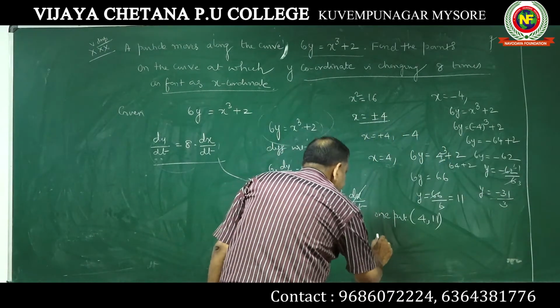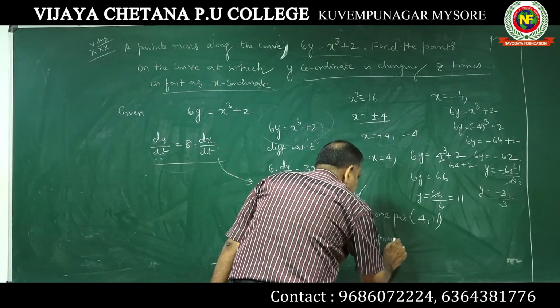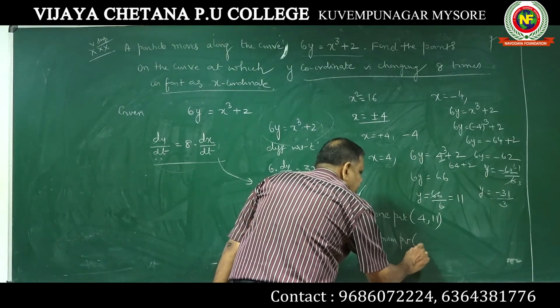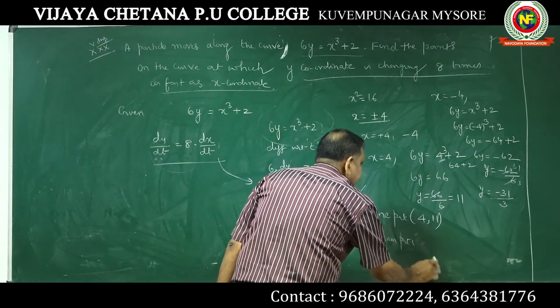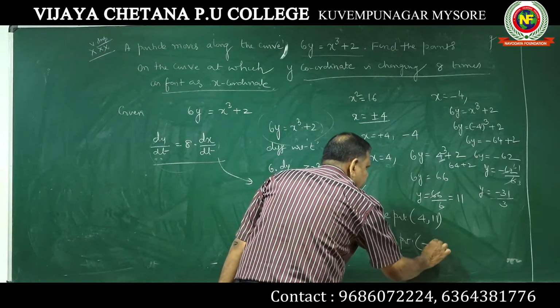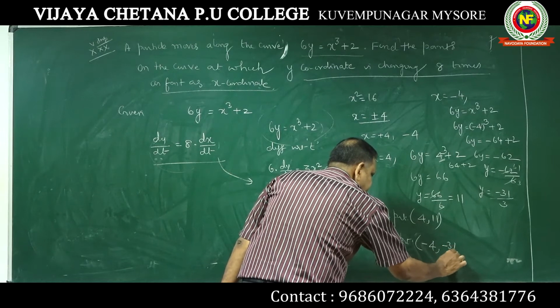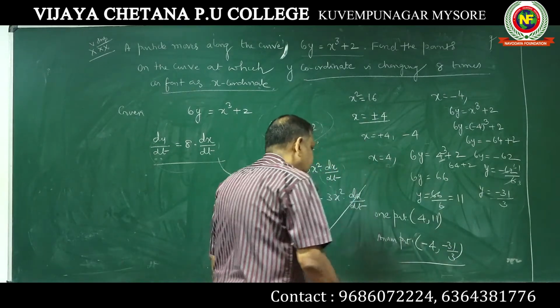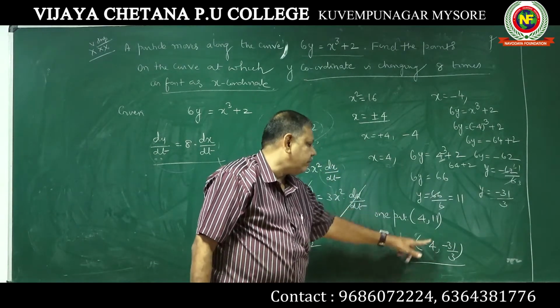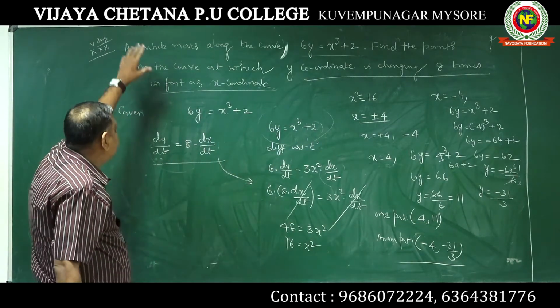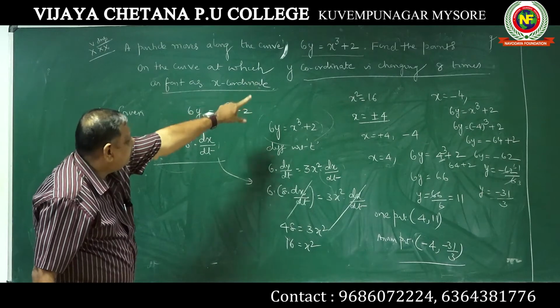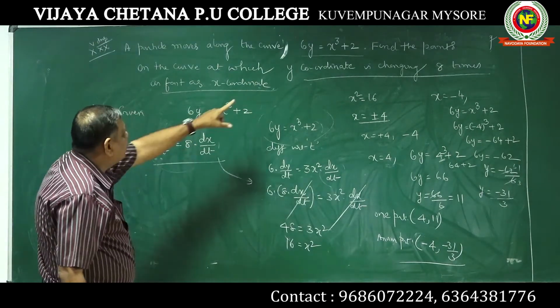So another point is x minus 4, y minus 31 by 3. This is one point, 4 comma 11. Another point is minus 4 comma minus 31 by 3. Understood? That is the curve. Differentiate. Here one more term is given.